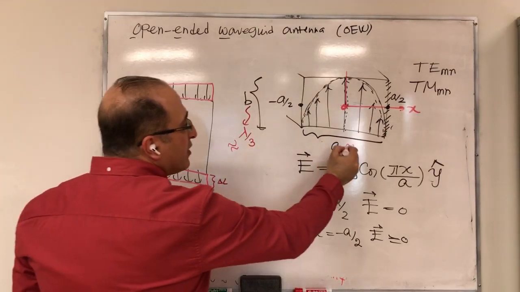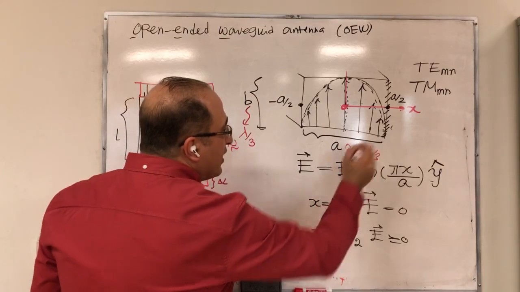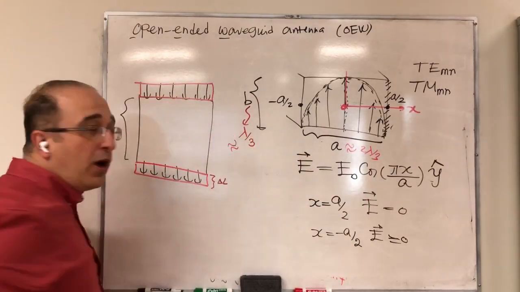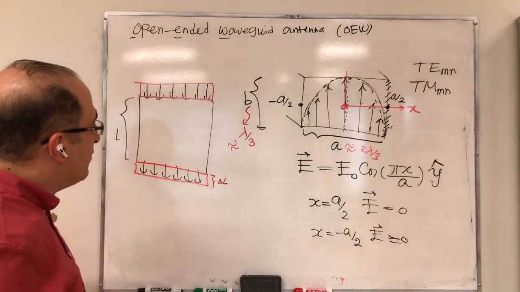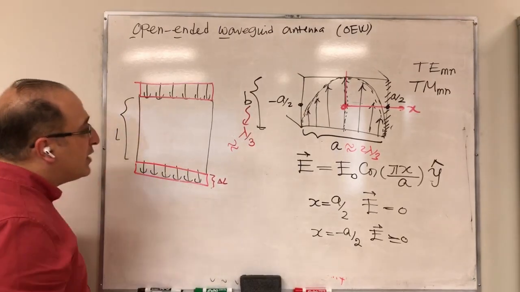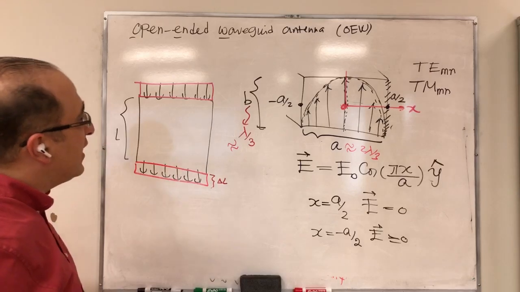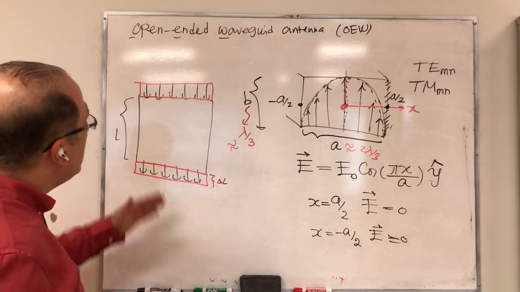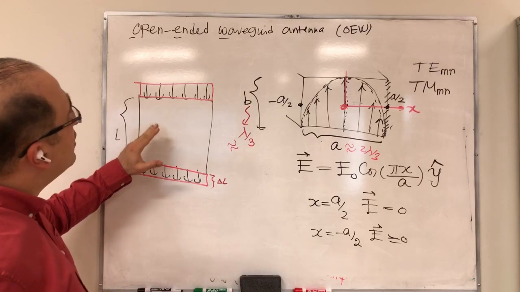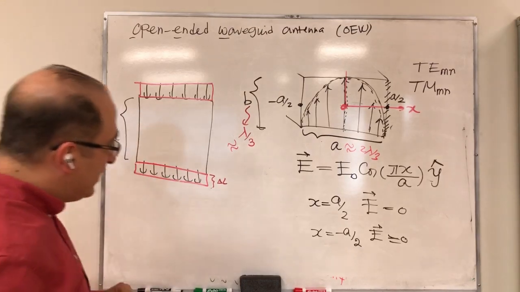This is in the order of maybe 2 lambda divided by 3. So these are not small compared to wavelengths, but this is so tiny compared to wavelength. So this is something that you can easily notice when it comes to microstrip antenna. So this is our open-ended waveguide antenna.